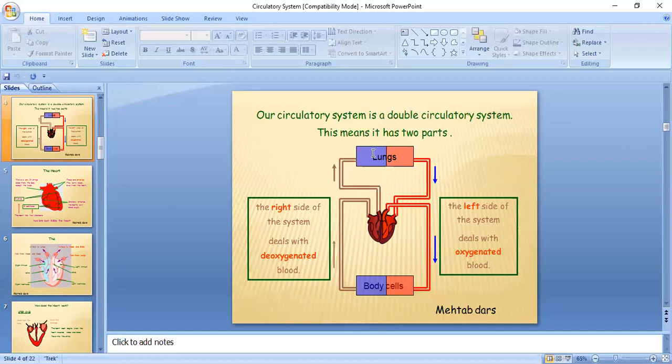After oxygen enters the lungs, the blood becomes oxygenated. The left side of the system deals with oxygenated blood, which moves toward the heart and then from the heart to different parts of the body. The red color shows the oxygenated blood.